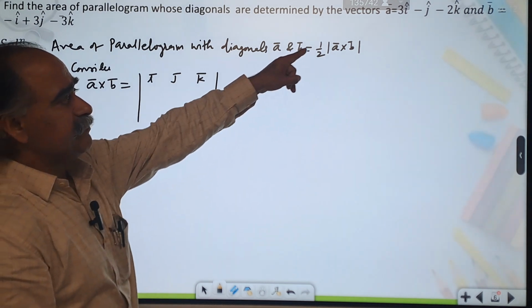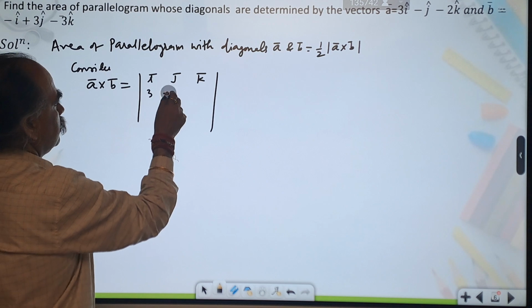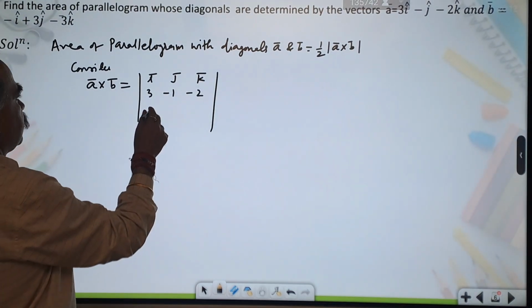A bar is 3 minus 1 minus 2, and B bar is minus 1, 3 minus 3.